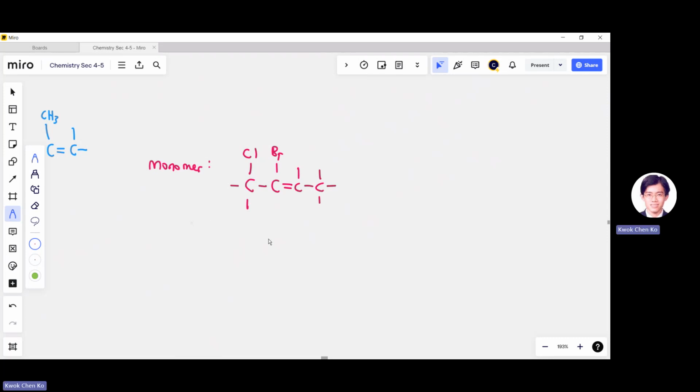The question asks you, draw the polymer. Or better still, let's make it more challenging. Draw the polymer showing 2 repeating units. How does your answer look like?